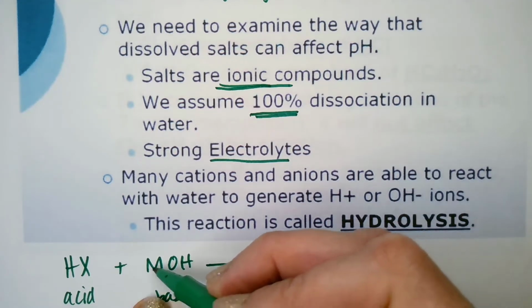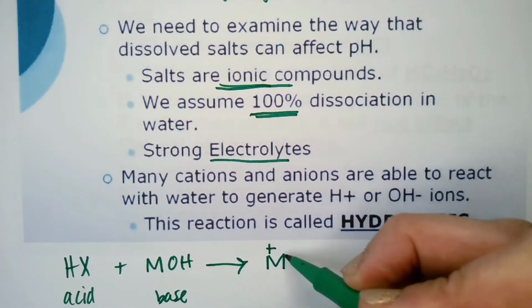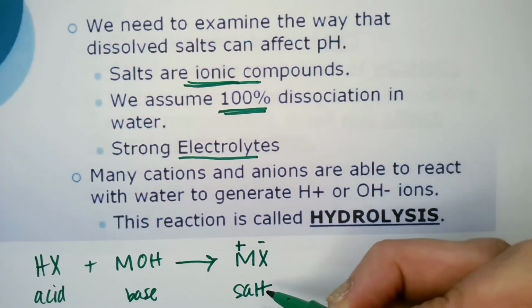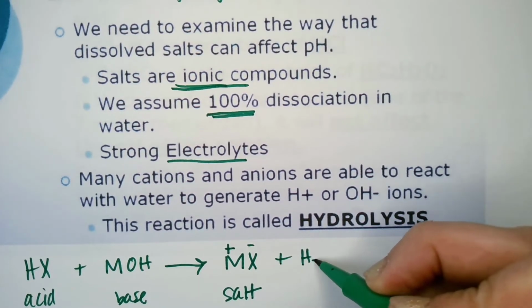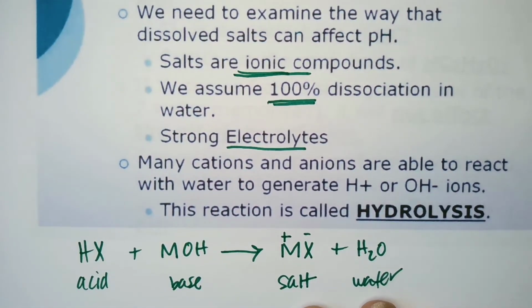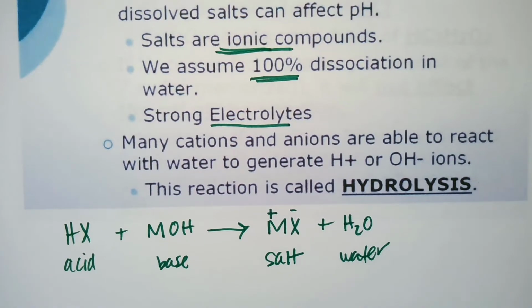So this is an acid-base neutralization. We will make a salt. We will have our metal, our positive, our X, which was our anion. This is our salt. And then, of course, we'll have water. This is the product of our acid-base neutralization, and it may affect the pH of a solution.